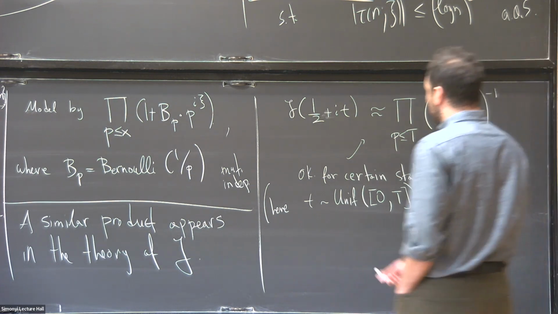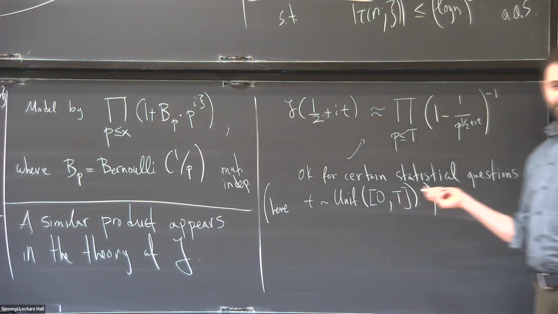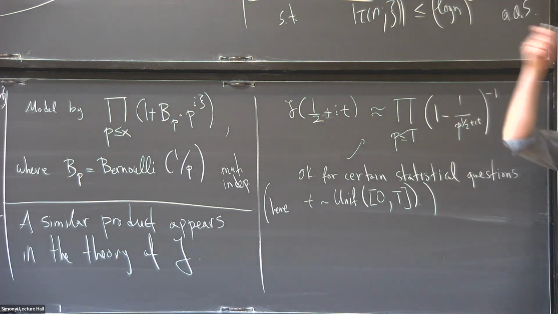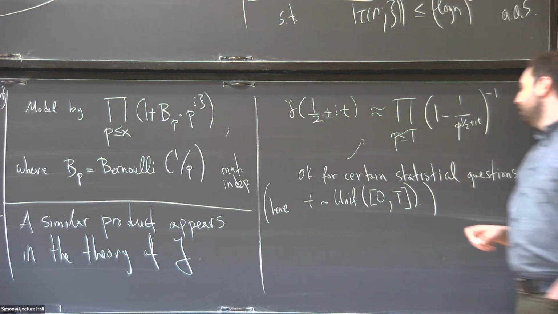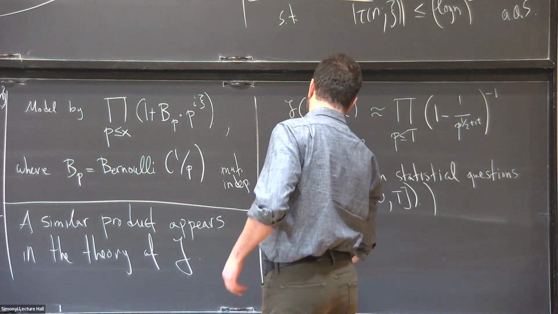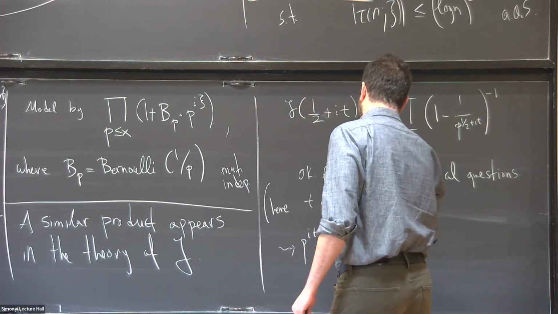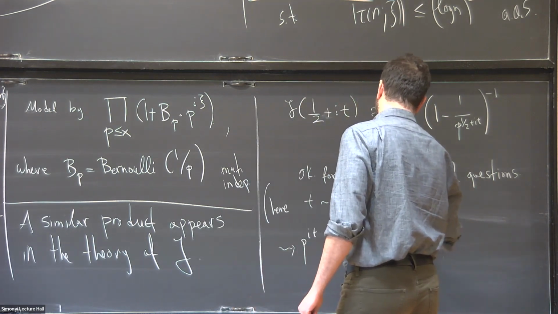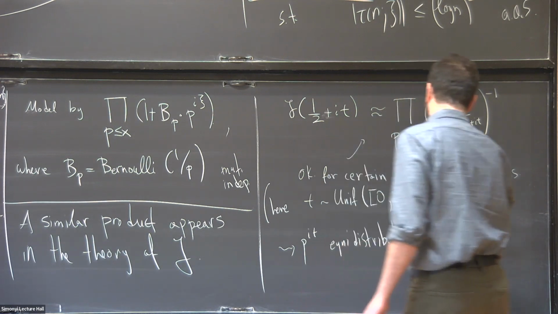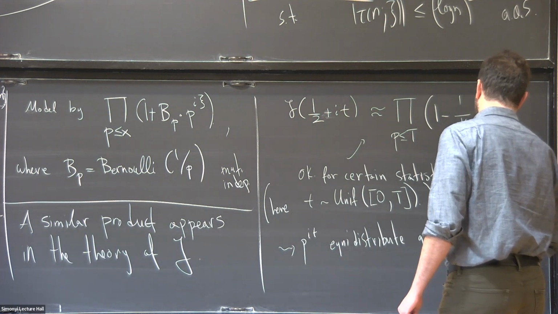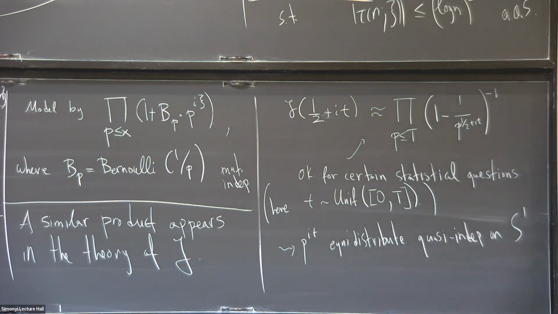Then when you sample t uniformly at random from this interval, the p to the it sort of spin, and they could distribute independently or quasi-independently on the unit circle S^1.